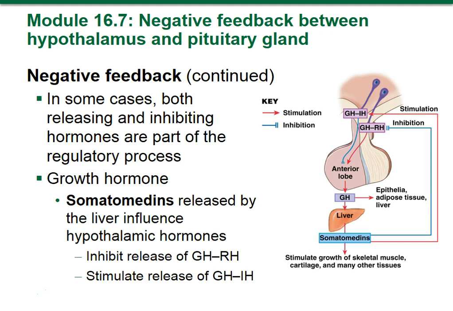So growth hormone. In the case of somatomedins, they're released by the liver. They influence the hypothalamic hormones. They inhibit the release of growth hormone releasing hormone, and they stimulate the release of growth hormone inhibiting hormone.